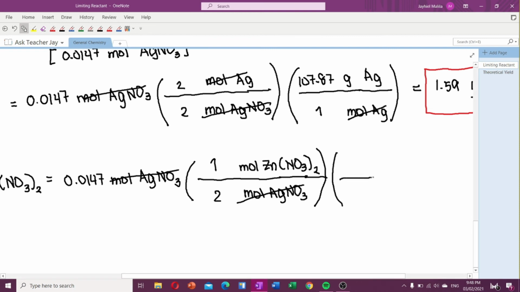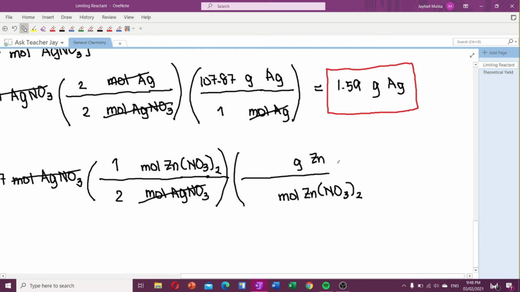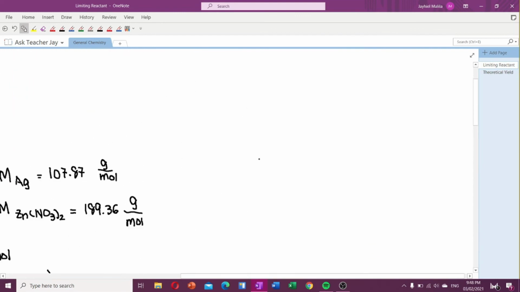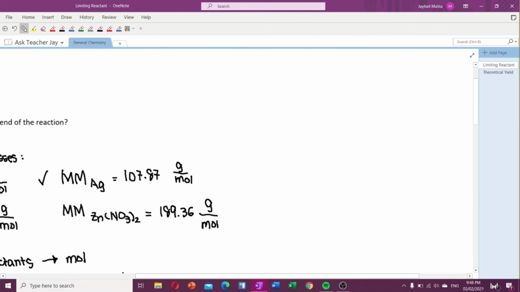And last but not the least, we need to convert the moles of zinc nitrate to grams of zinc nitrate. Good thing we have calculated the molar masses already, so it will not be a hassle for us anymore. So let's go back. The molar mass of zinc nitrate is 189.36.